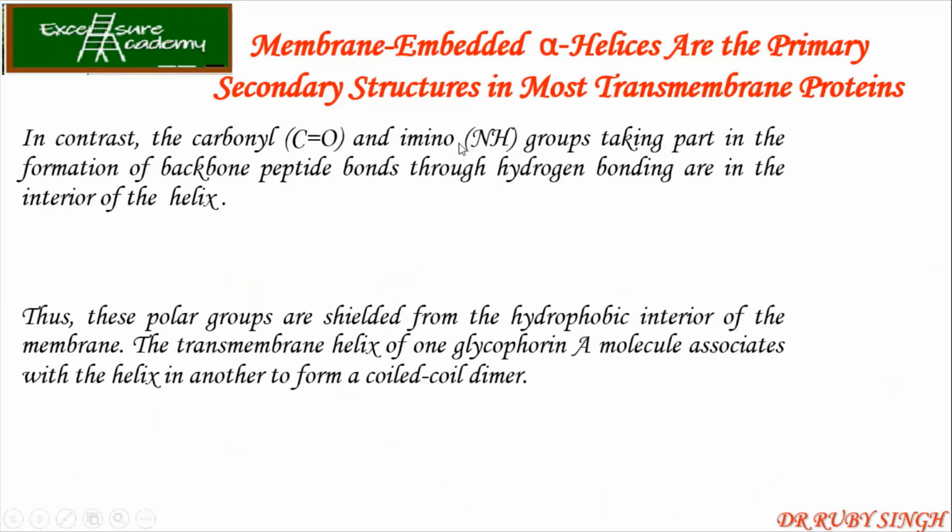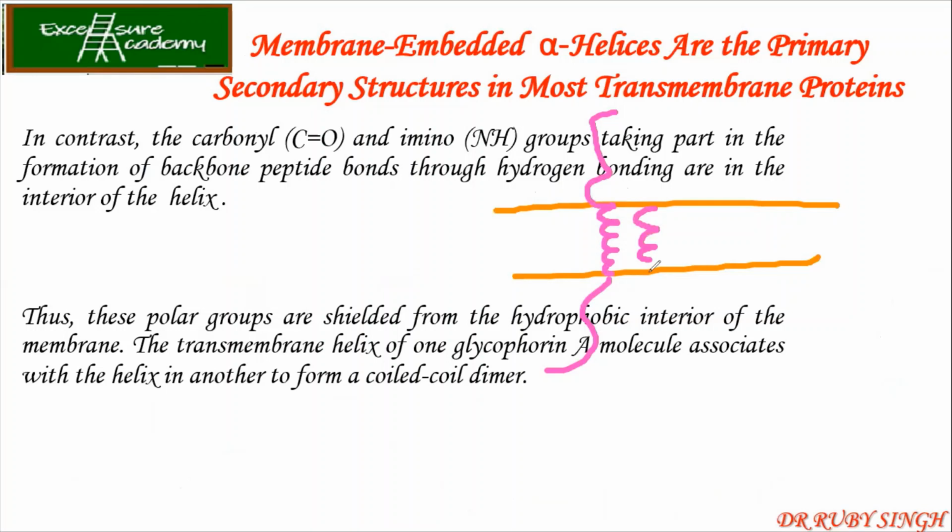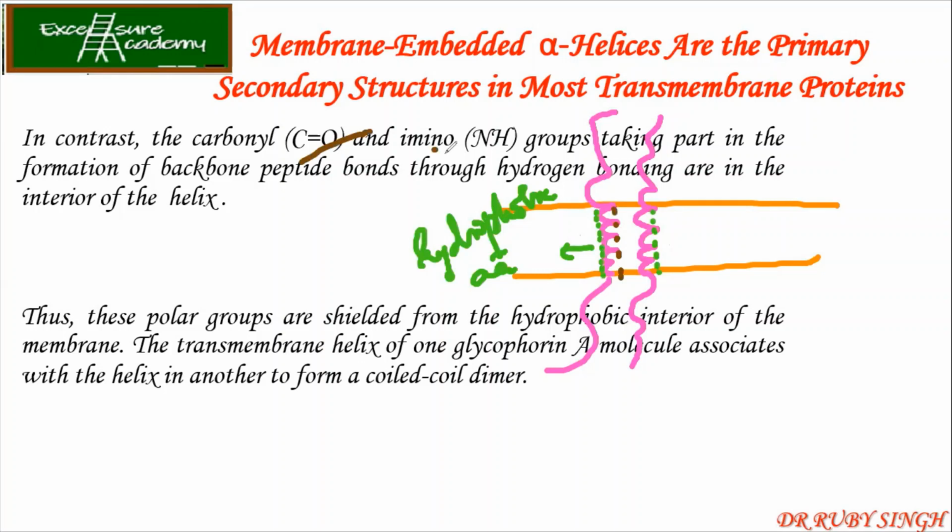What they are saying is that, see, if this is your phospholipid layer and glycophorin is having two polypeptide chains, this portion of your alpha helices is having hydrophobic amino acids facing the hydrophobic portion of the phospholipids, whereas this portion is having your carbonyl and imino groups through which they can make the hydrogen bonds.